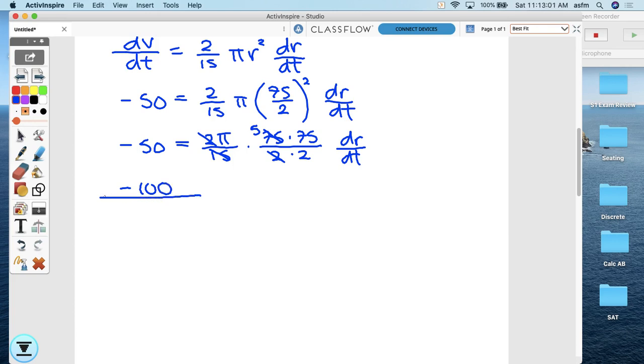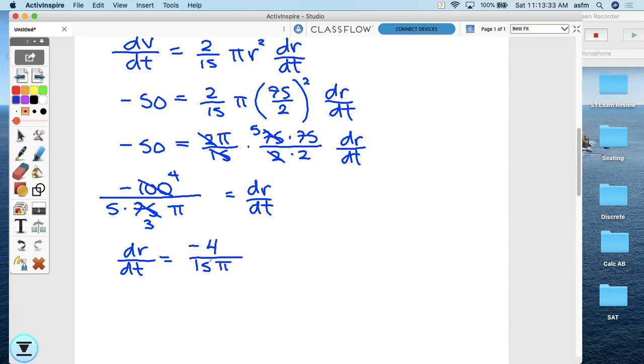Here I'm going to have 5 times 75 times pi in the denominator, and that will equal my dr/dt. Again, I can clean this up. 25 goes into 100 4 times, 25 goes into 75 3 times, and so I'm going to be left with dr/dt equals negative 4 over 15 pi.